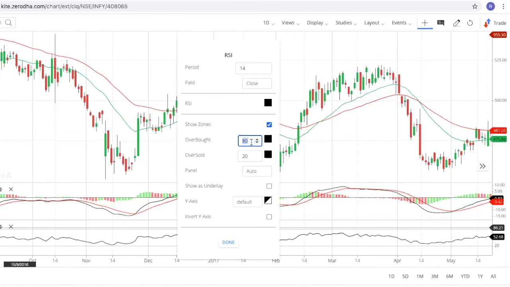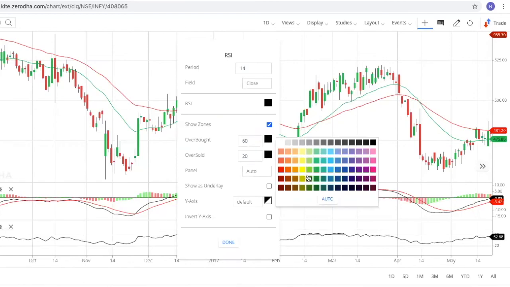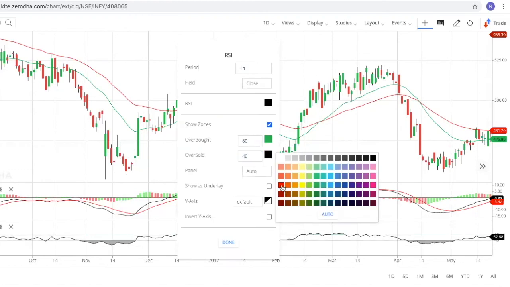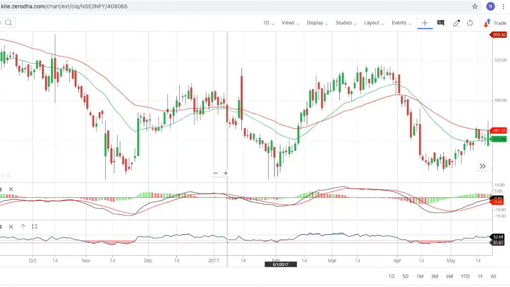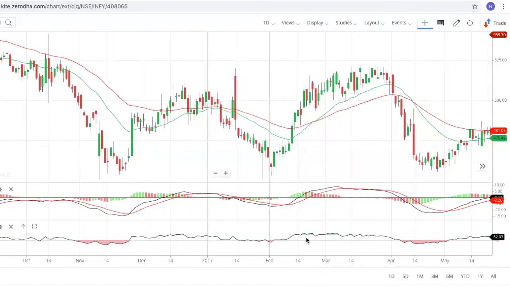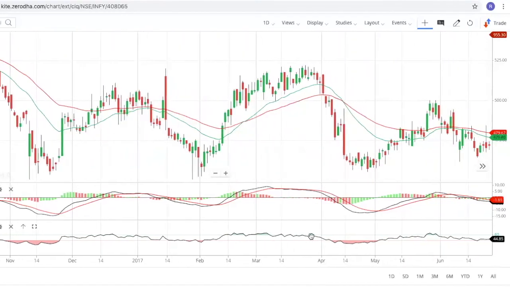Normally the RSI level 70 is an overbought condition, but I'll put it as 60 as overbought. I'll mark this as green color and 40 as the oversold zone, which I'll mark as red color. How I'll use it, I'll tell you. We'll only go for a buy when the RSI hits above the 60 level.